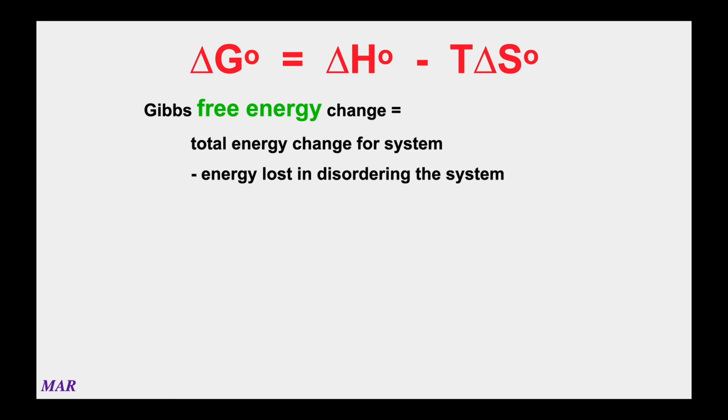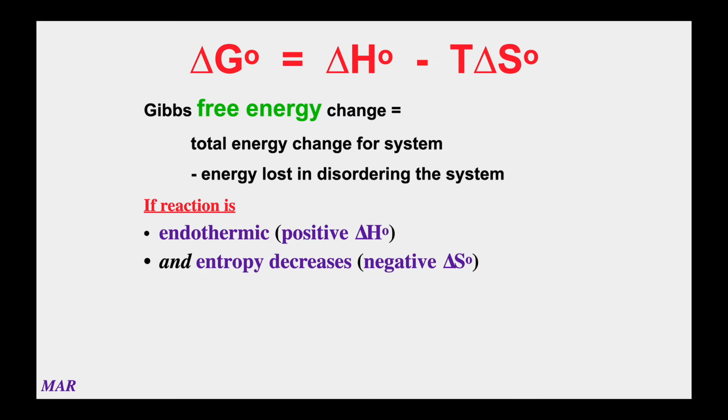But we don't always have that because sometimes you'll have, for example, an endothermic enthalpy, which would be a positive delta H, and you'll also have a decrease in the entropy, and that can be a negative delta S. We've seen a couple of those. Well, if delta H is positive, delta S is negative, but negative times negative makes it positive.